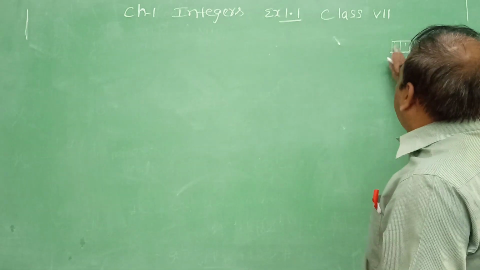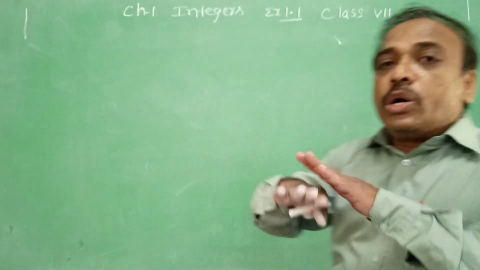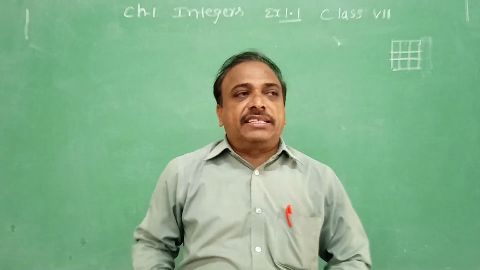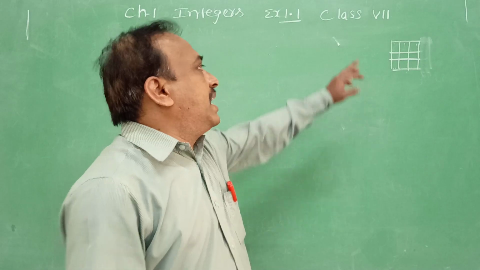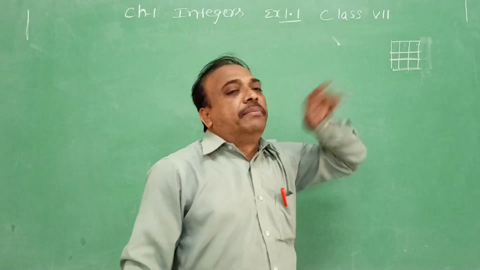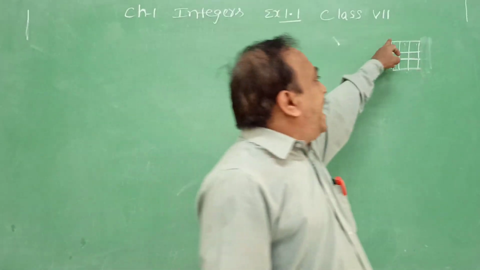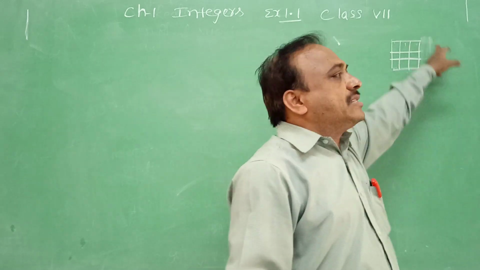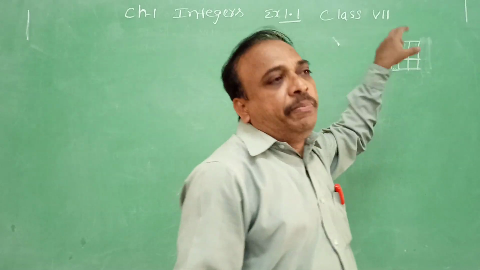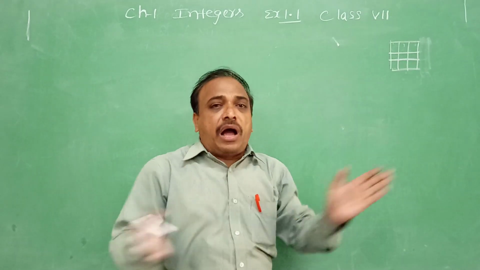In all these 3 by 3 squares, for row 1, add the digits. Row 2, find the sum. Row 3, find the sum. Similarly, column 1, column 2, column 3, find the sum. And diagonal 1 and diagonal 2. This cross and this cross, we call diagonals.